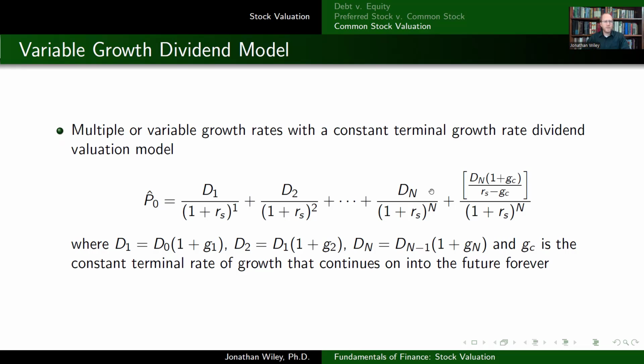So what we have is some kind of initial growth that's occurring for n years, however long. In my example, it was 4 years. Then it stabilizes at a constant rate thereafter. And as long as the required rate of return is greater than that rate of growth at which it stabilizes for all time, then this formula will work, and you can use this model.